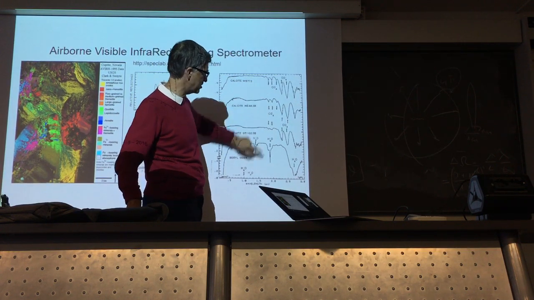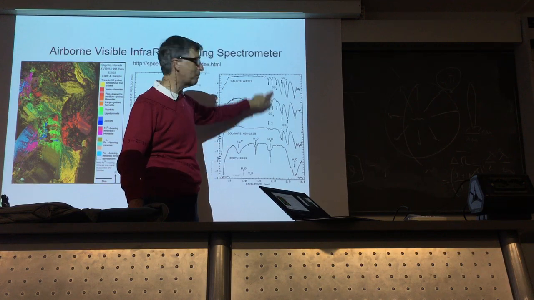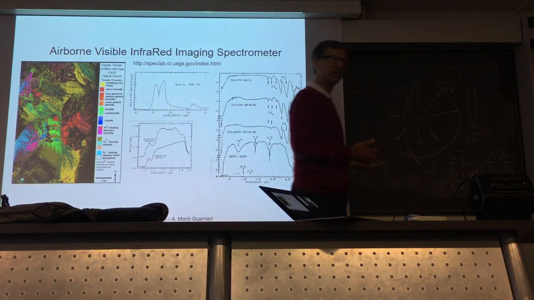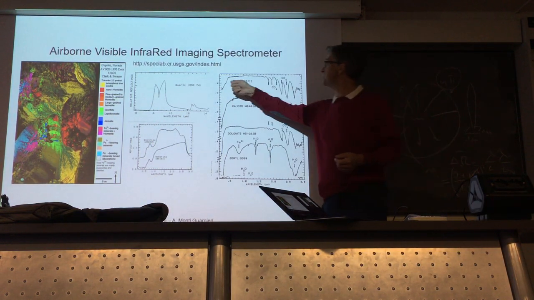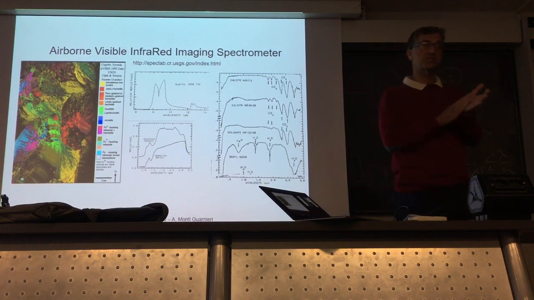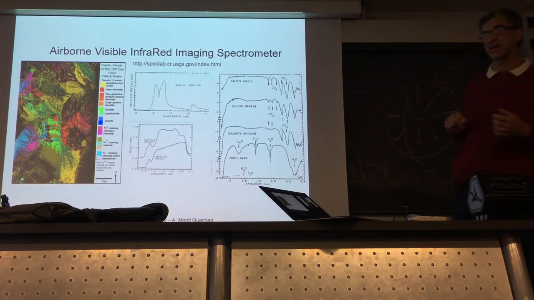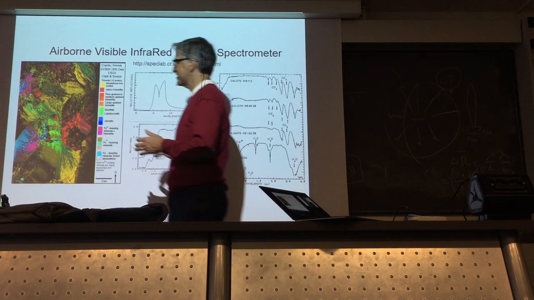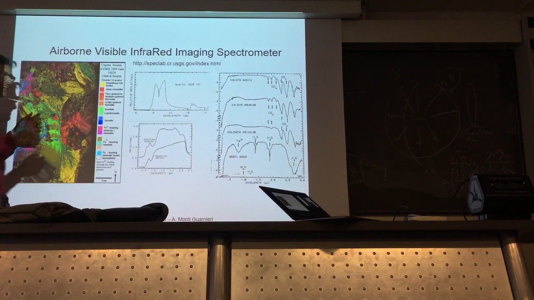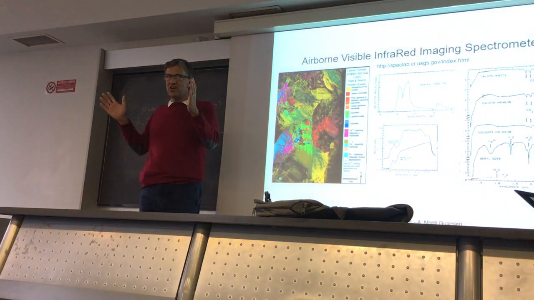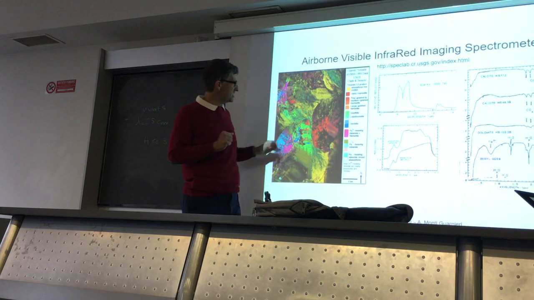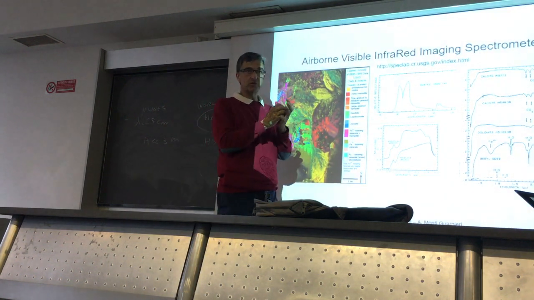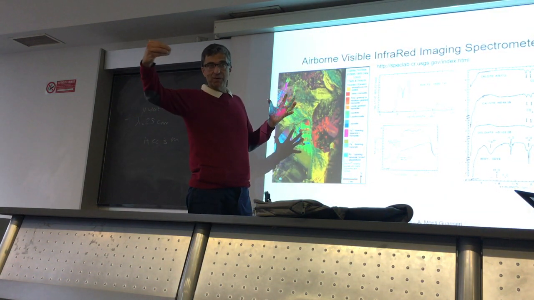According to the presence of different molecules, different molecular structures have a different behavior around 2 micrometer, so the near infrared. And then you can measure this and do a classification and see the color image on the left. It's not what you get when you have your wide observation. For each pixel you take all the spectral bandwidth.